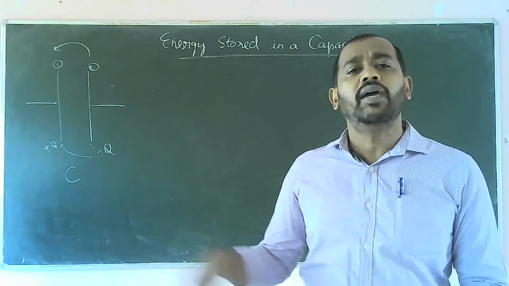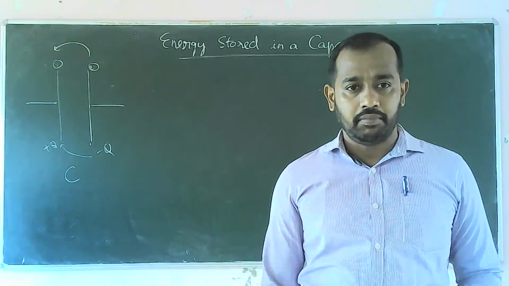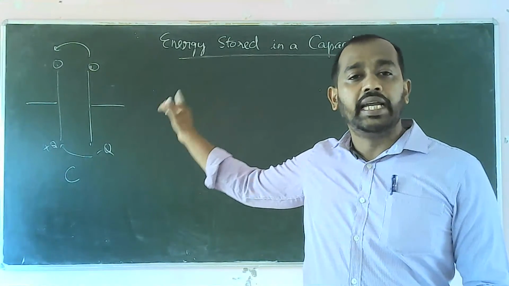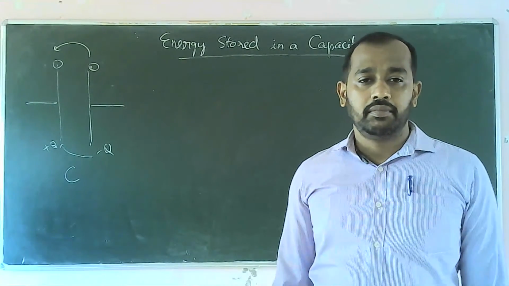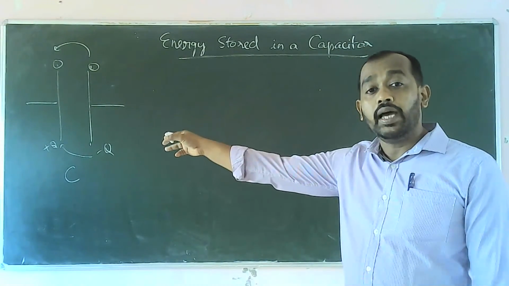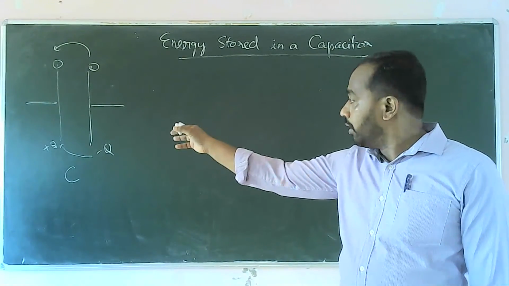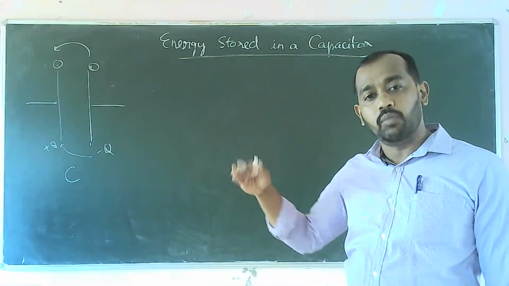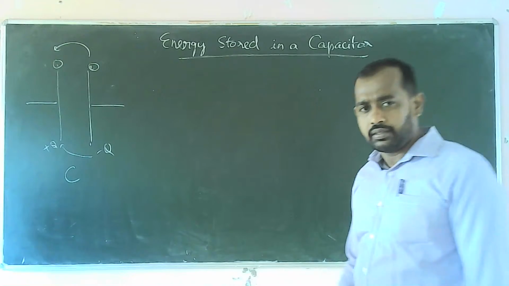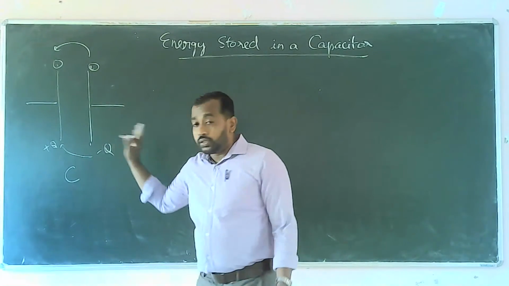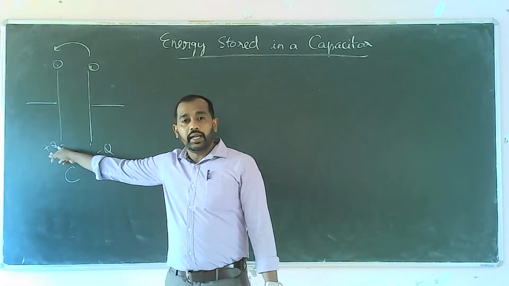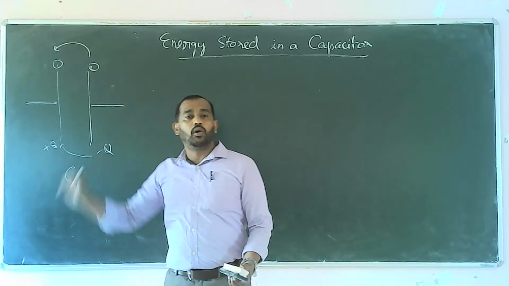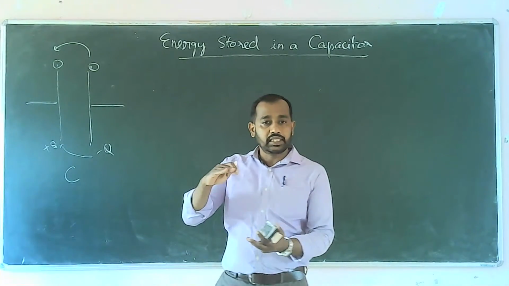We are assuming we are transferring positive charges, though actually it is the transfer of negatively charged electrons. It is for our convenience; positive charges are more convenient, so that's the assumption.